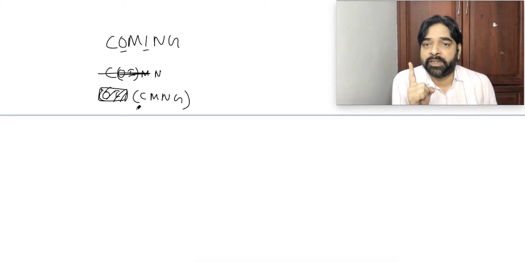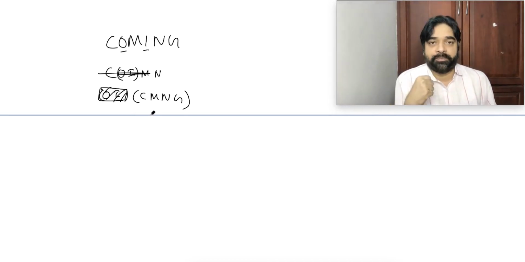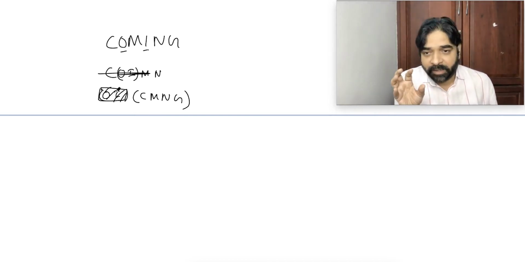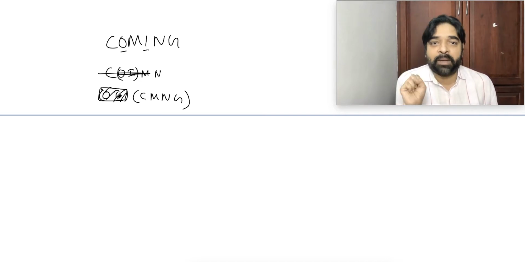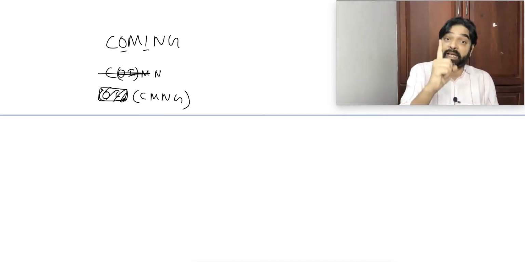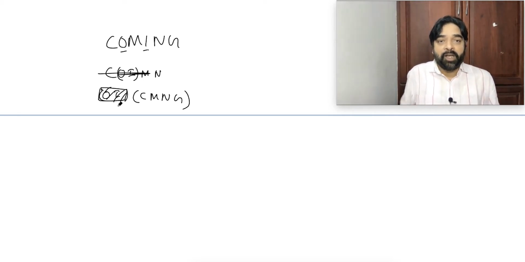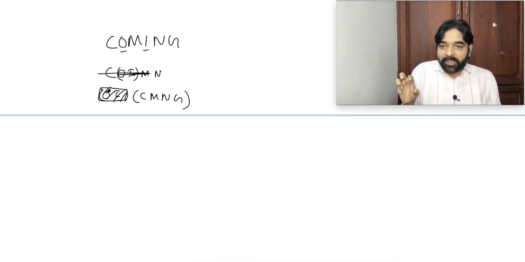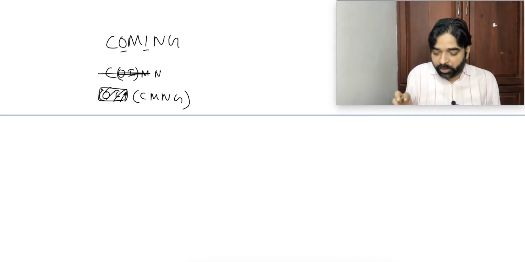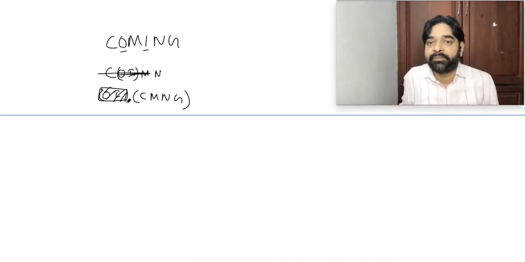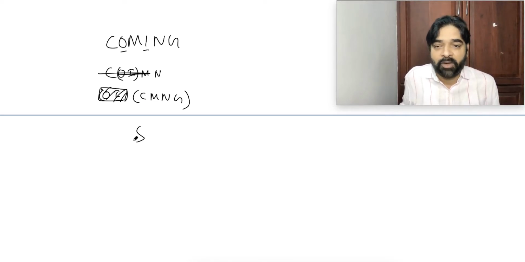Not able to understand? Whoever wants to come together, take them out, keep them inside a box and consider them as a single object. When the interchanging takes place, this single object will move here and there, so these 2 will always be together. Yes or no? Now in how many ways can you arrange it? 5 objects total, 5 factorial.